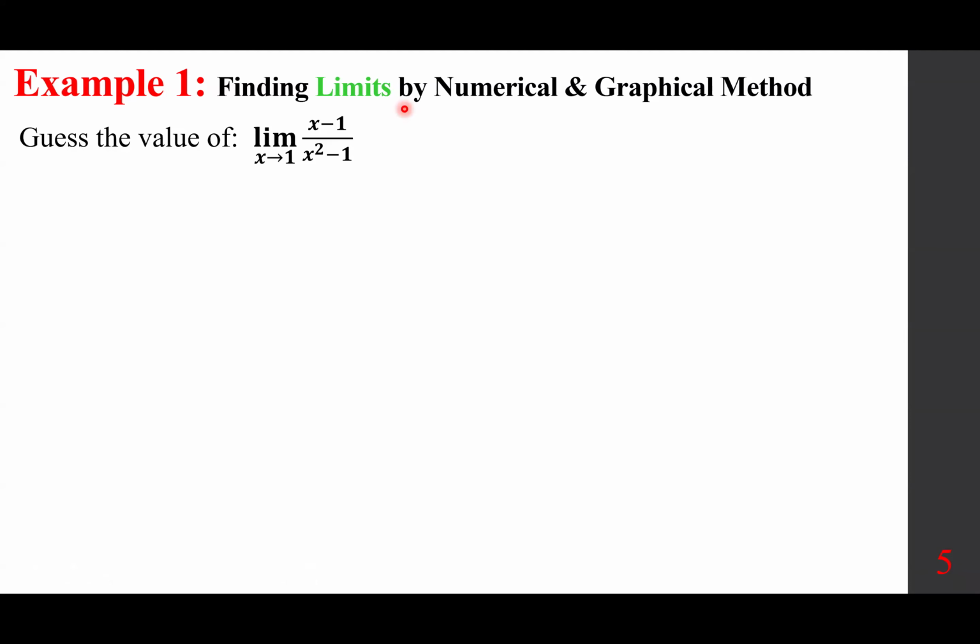We want to find limits by numerical and graphical method and also algebraic or analytical method. Guess the value of the limit of x minus 1 over x squared minus 1 as x approaches 1.